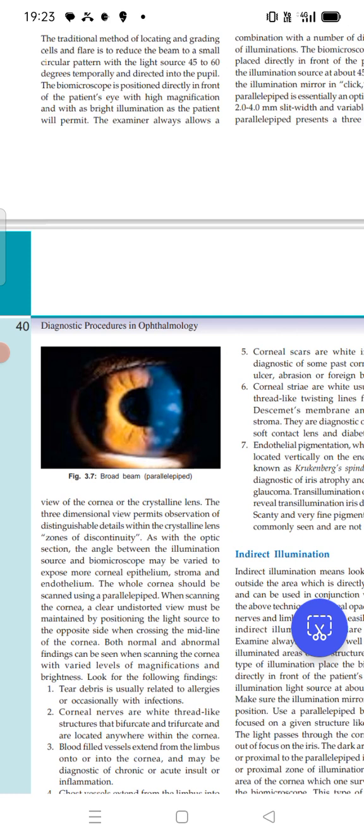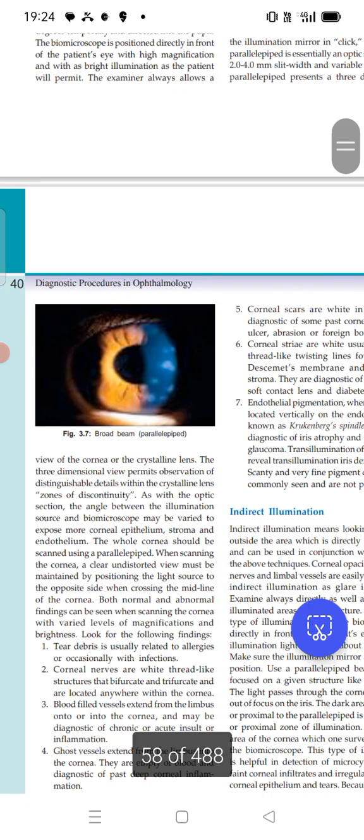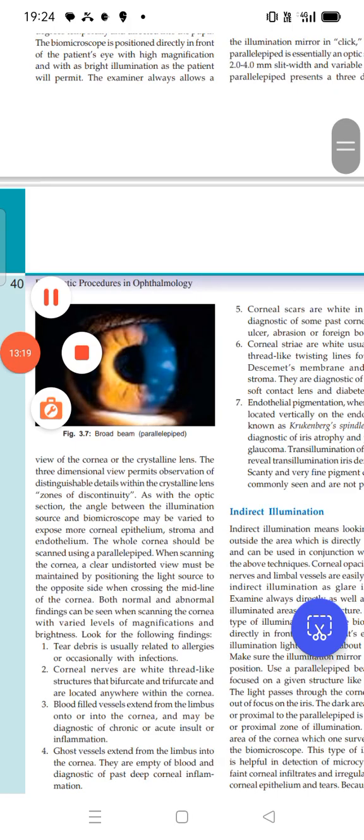To see this, we perform this technique in a dark room, because in a dark room the contrast will be better, and then you can see the cells and flare. The Tyndall effect you can see if there are cells present in the anterior chamber. So this is about the direct illumination techniques in case of a slit lamp. Next I'll discuss the later ones. Thank you.